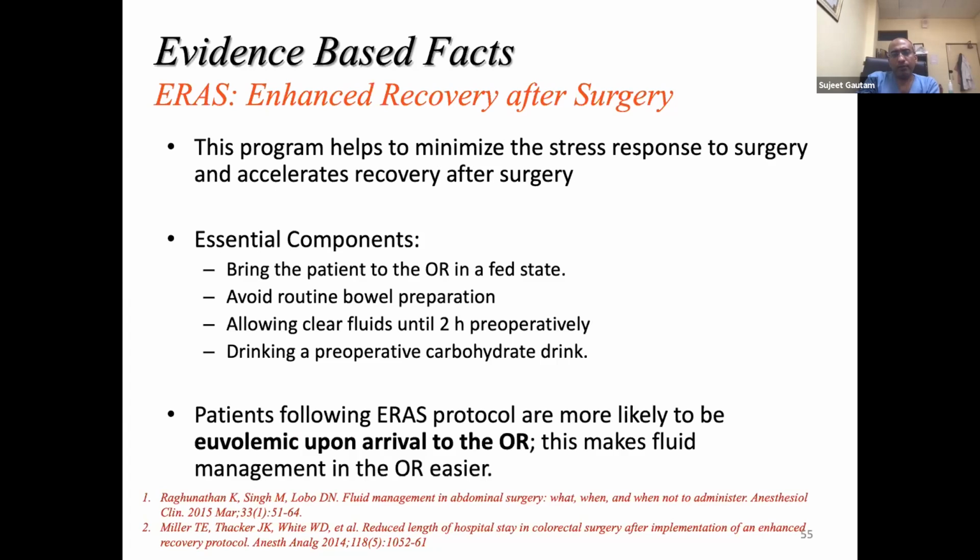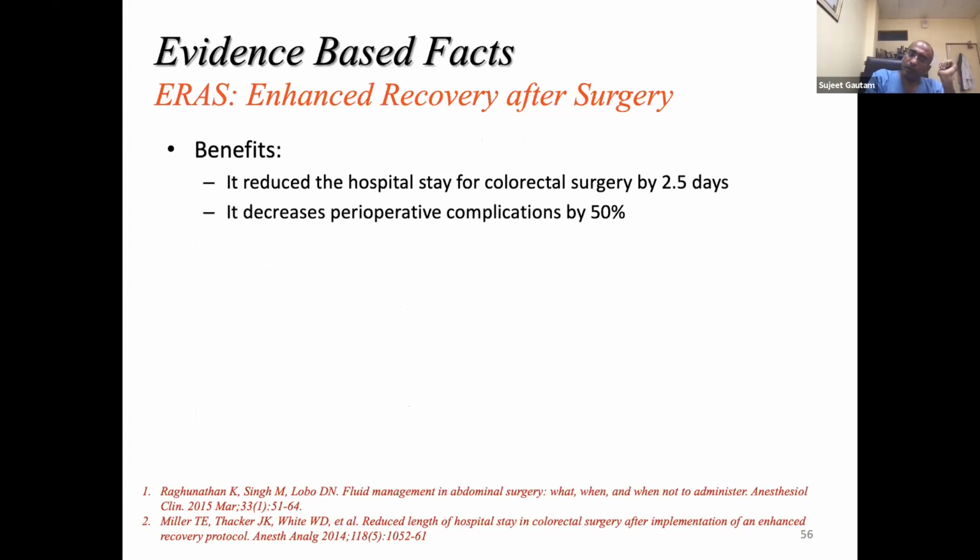And what has been observed is that patients following ERAS are more likely to be euvolemic upon arrival to the OR. Hence, we don't need to give them the common replacements which we usually give, like replacement of fasting and all, and third space losses during the perioperative period.